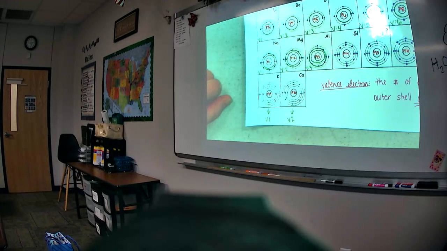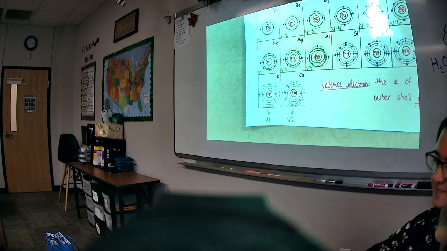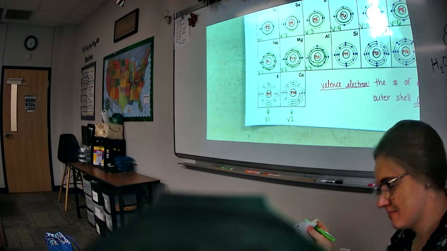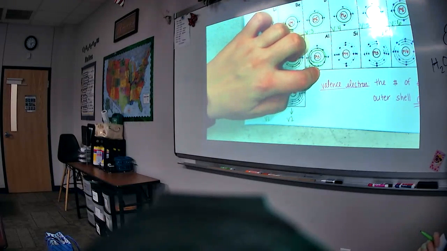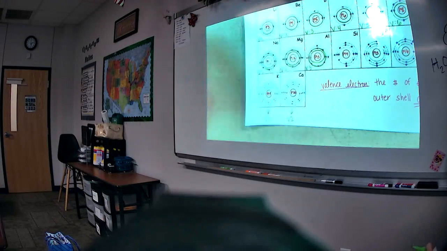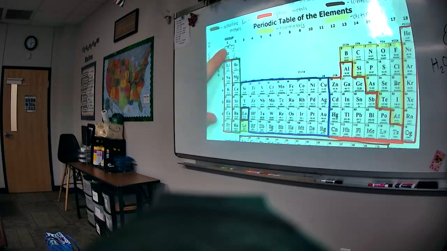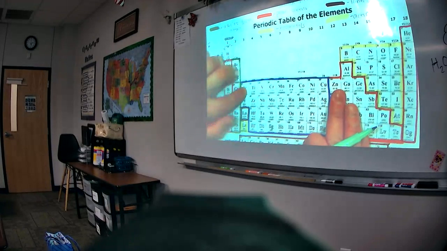Okay? Now, keep in mind that this group is not actually group 3. It's actually group 13. This is why. If you look at the table, here's group 1, group 2. We kind of have to skip all these transition elements because they start changing the rules, right?